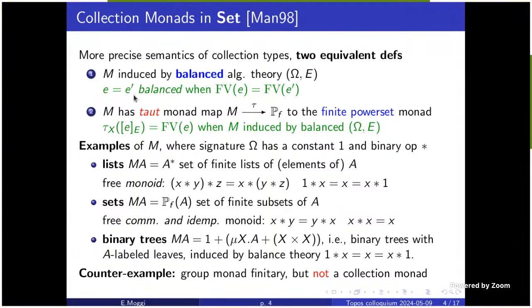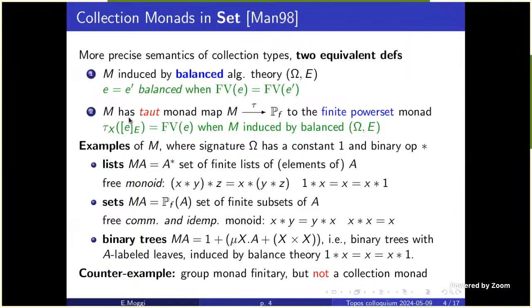This means that all the equations in the theory are such that the terms on the left and the right-hand side have exactly the same set of free variables. So this is a very simple equational characterization of collection monads.